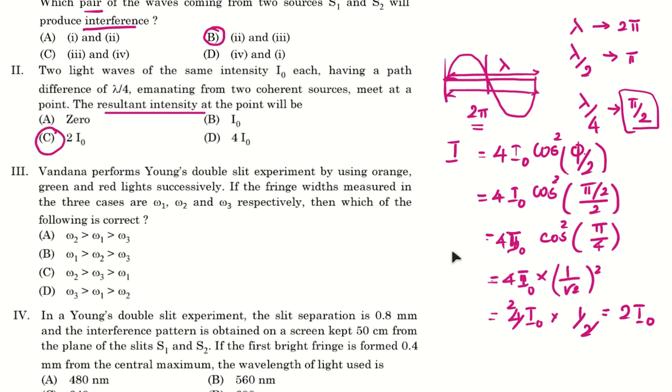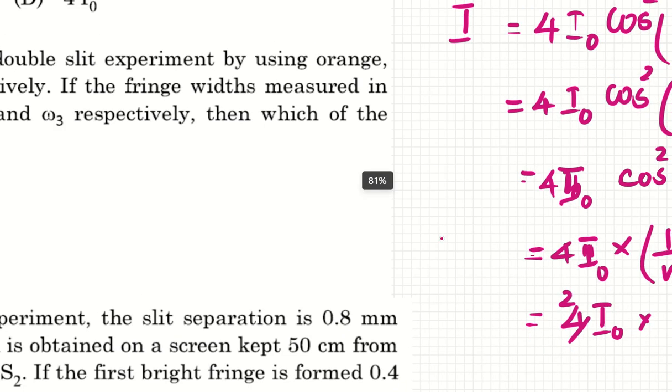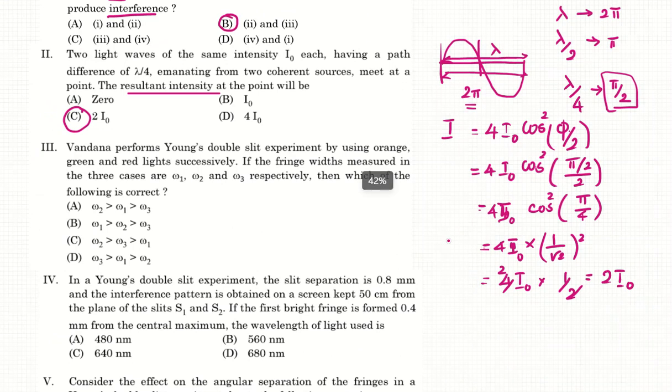Okay, let's move on. Vandana performs Young's double slit experiment by using orange, green, and red lights respectively. If the fringe widths measured in the three cases are omega 1, omega 2, omega 3, please remember these are all fringe widths, which we call beta.